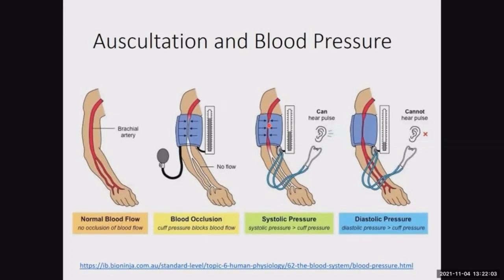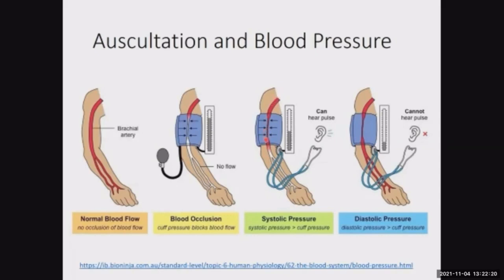So what we're going to hear are little bursts of sound called the Korotkoff sounds. This is basically turbulent flow of blood coming through these arteries, so it's not coming through smoothly.